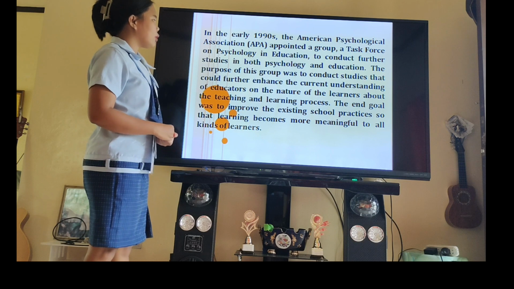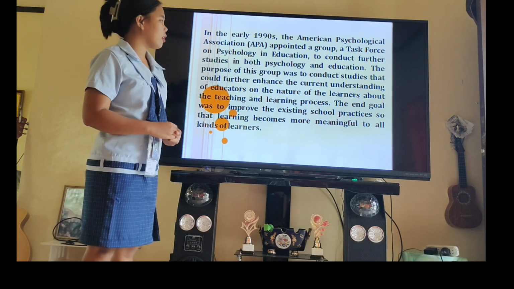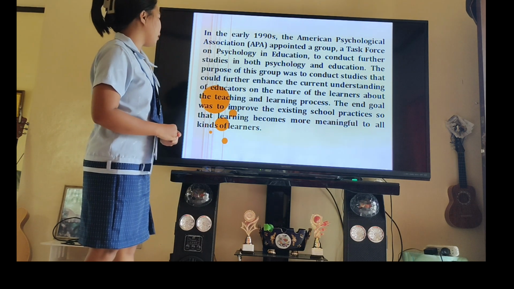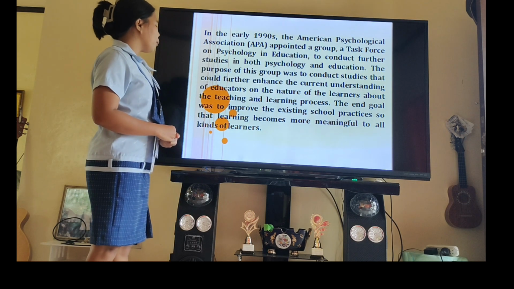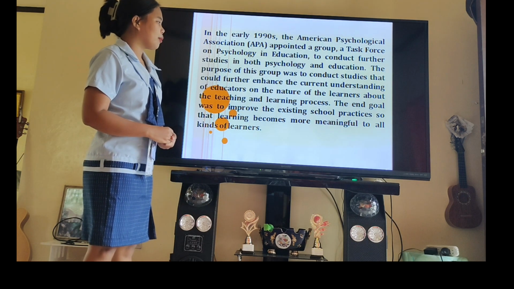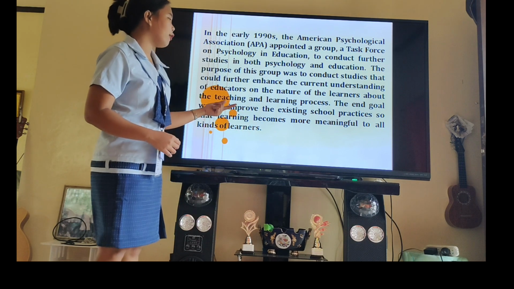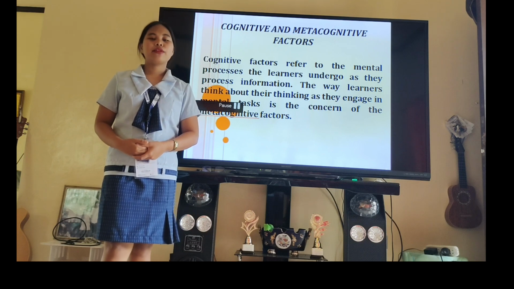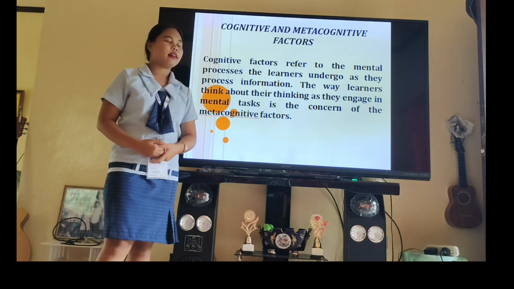The purpose of this group was to conduct studies that could further enhance the current understanding of educators on the nature of the learners and the teaching and learning processes. The end goal was to improve the existing school practices so that learning becomes more meaningful to all kinds of learners. So, let us first tackle the first factors in this topic.